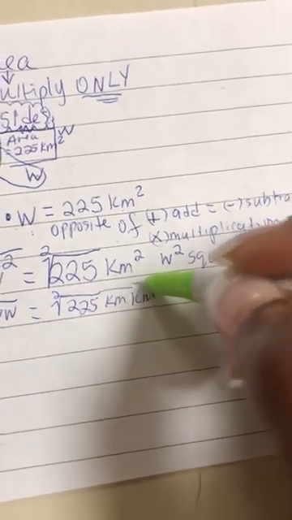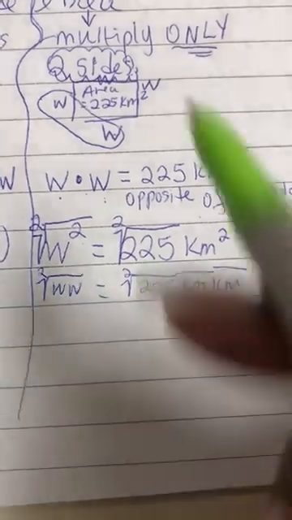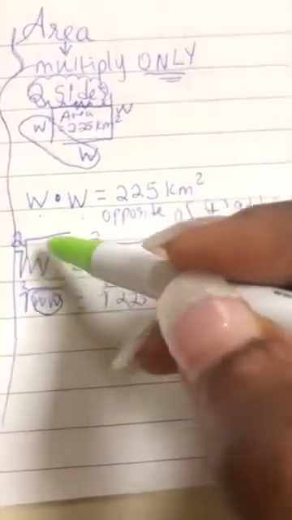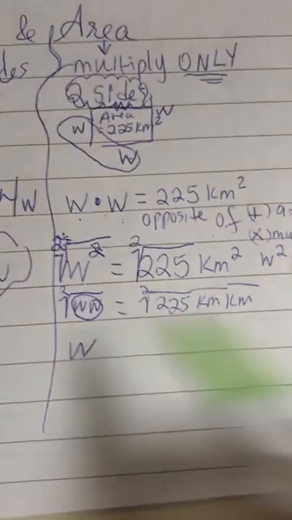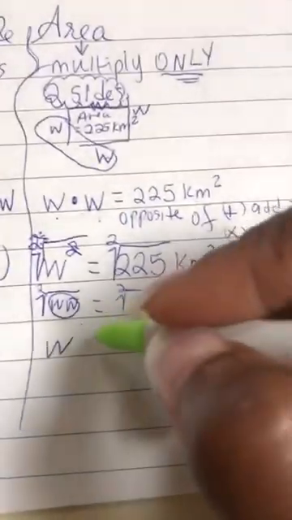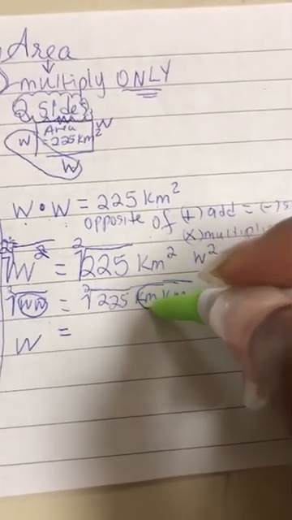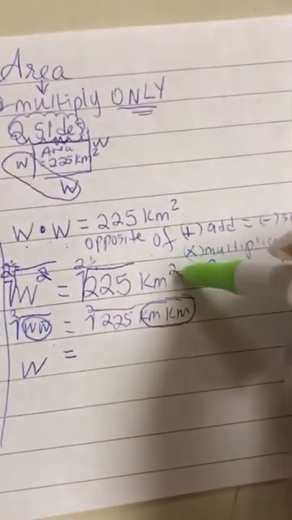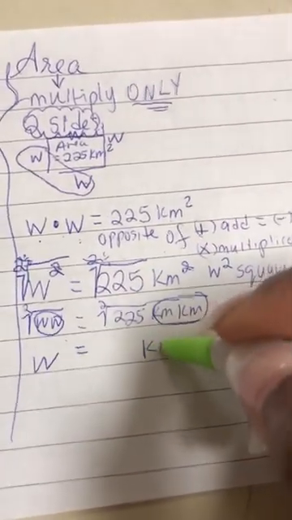Kilometers times kilometers, that's what kilometers squared means. How many groups of 2 W's can I circle? I can circle 1. Or you can say 2 divided by 2 is equal to 1 W without the square root sign. So now W is equal to 2 groups of kilometers, or 2 kilometers divided by this 2, which gives us 1. So that's how we got the kilometers here.